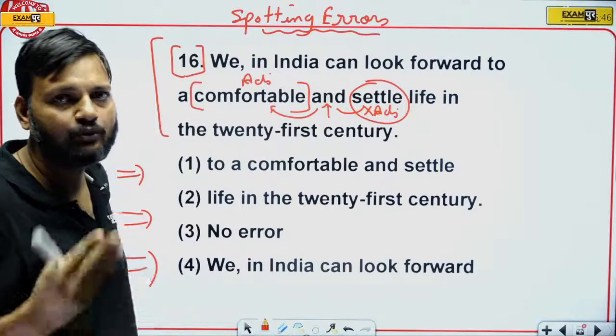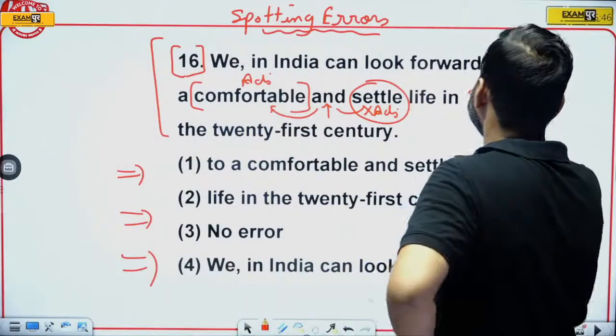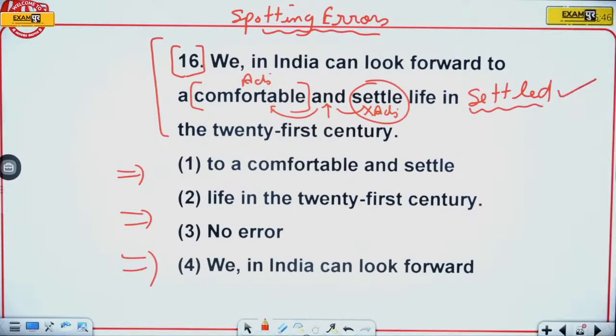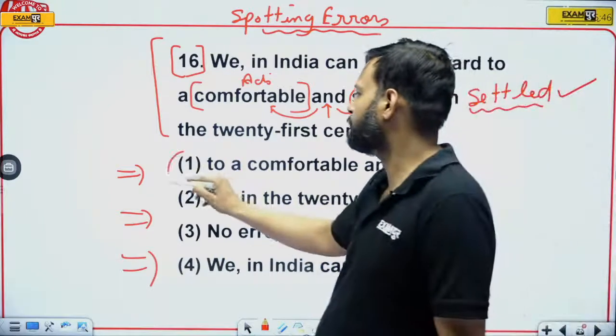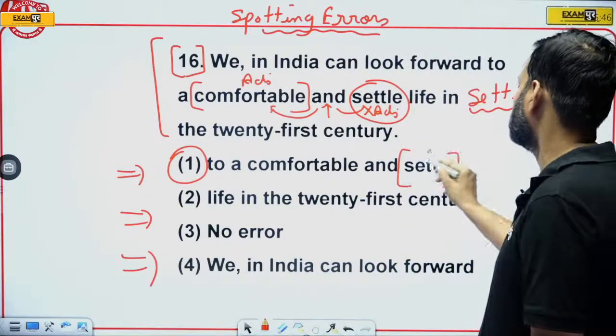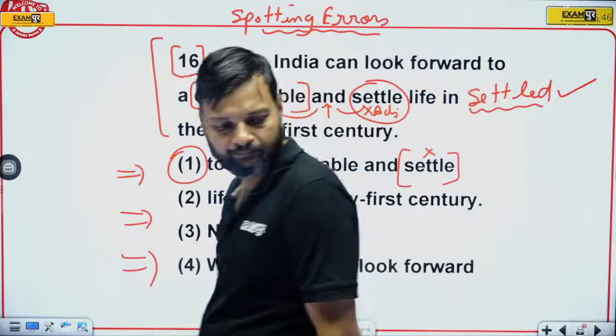The adjective form of settle would be settled. So in place of settle we need settled: a comfortable and settled life. So the error is in the first part, because the use of settle is wrong.